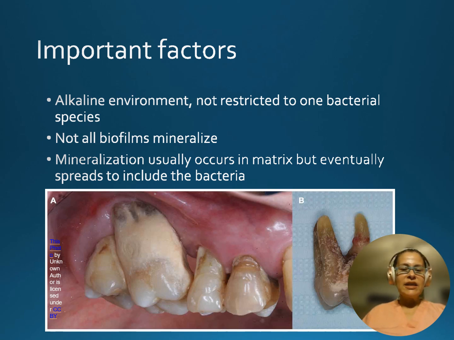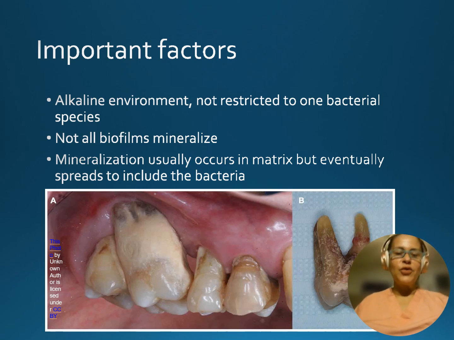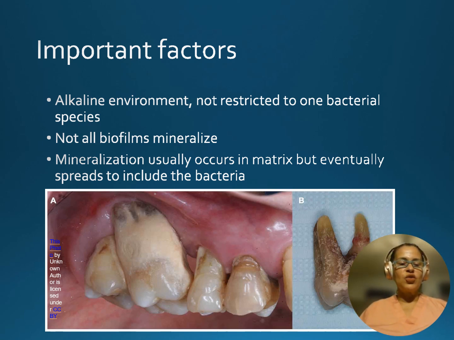Alkaline environment is not restricted to one bacterial species. We talked about this, our oral microbiome. Not all biofilms mineralize. So a patient can have some biofilm there forever, could have some inflammation, but it might not become calculus. Mineralization usually occurs in the matrix, but eventually spreads to include the bacteria.